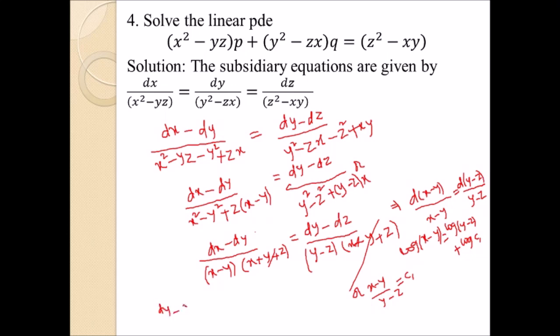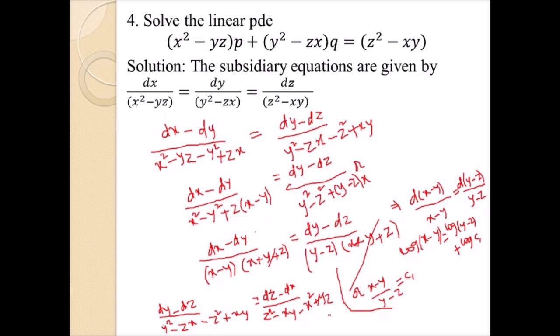Similarly, if I consider the second and third ratios, that is the difference of the second and third, dy minus dz by y square minus zx minus z square plus xy is equal to dz minus dx by z square minus xy minus x square plus yz.